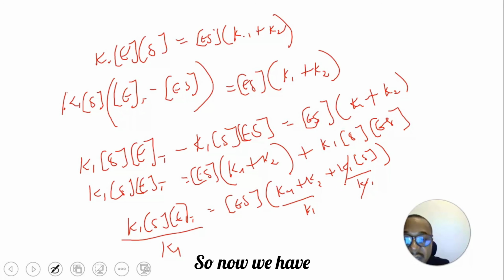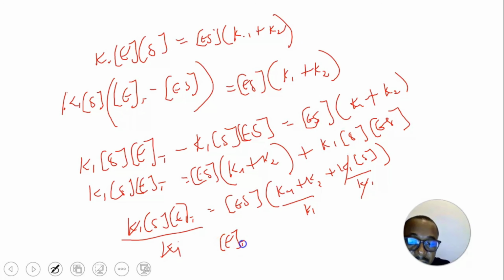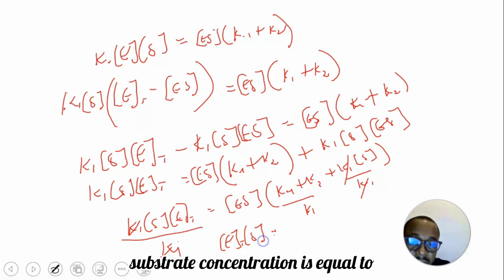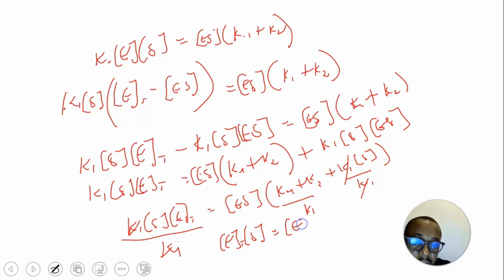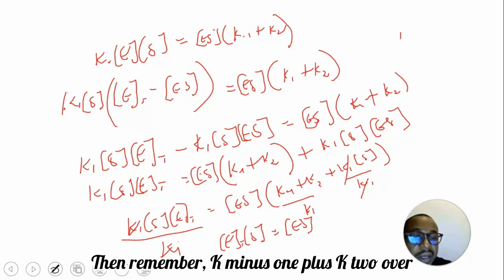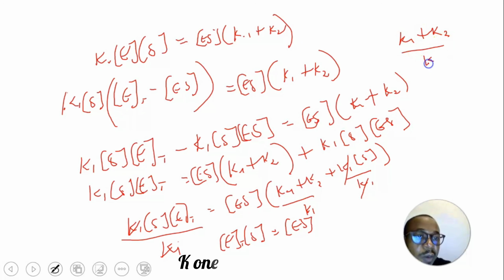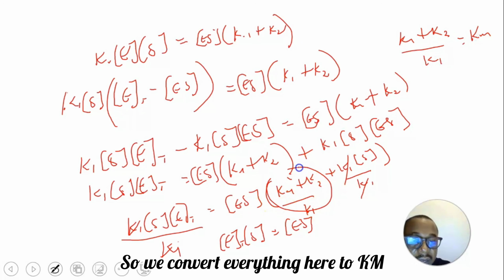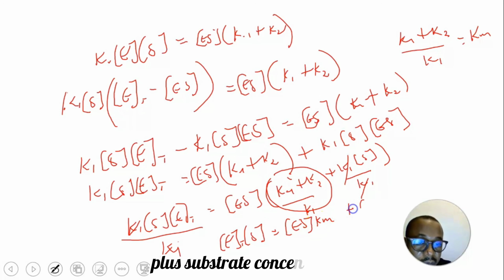So now we have total enzyme times substrate concentration equal to bound enzyme, which is ES, times Km plus substrate concentration, remembering that K minus 1 plus K2 over K1 is equal to Km.